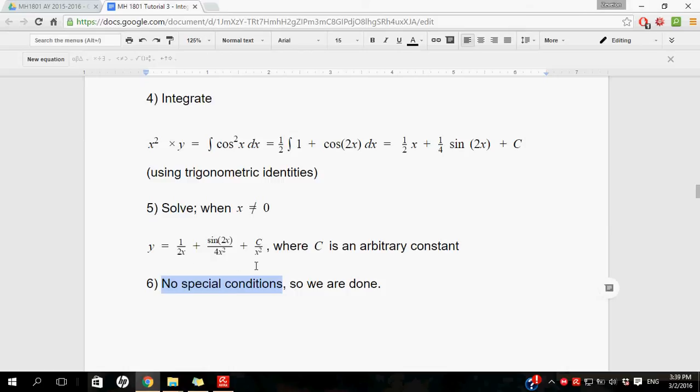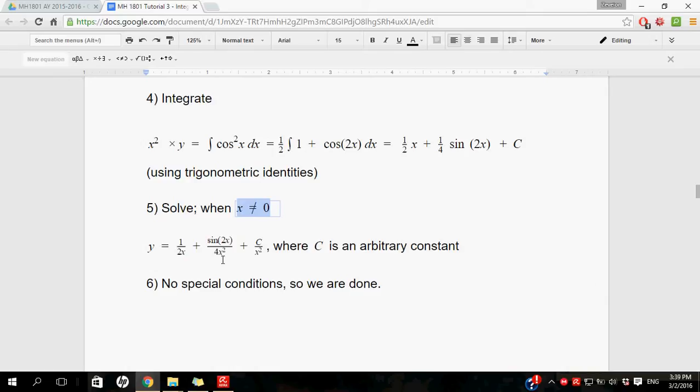If it were 0, then this expression would mean dividing by 0, and that does not make sense at all. Always have the condition that x is never equal to 0.